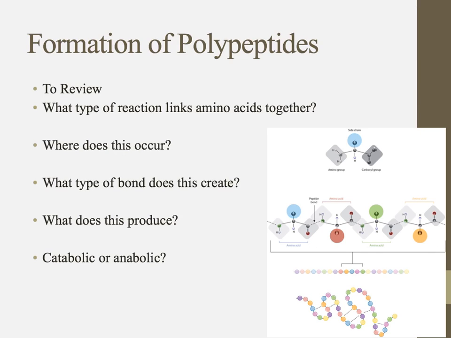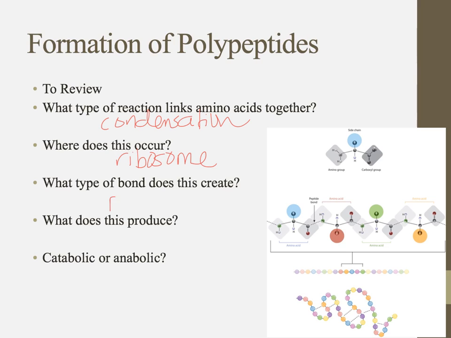So if you've been paying attention so far, you should be able to answer these few questions. What type of reaction links amino acids together? That's a great example of a condensation reaction that produces water. And this occurs on the ribosome. So again, different ribosomes produce proteins destined for different places.